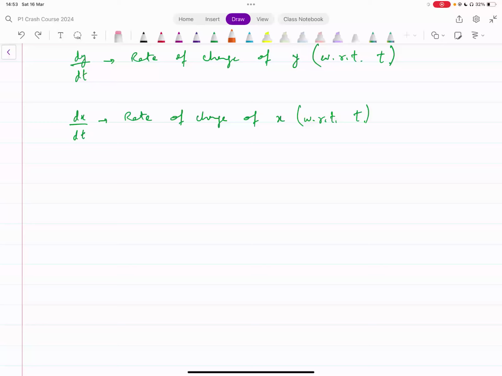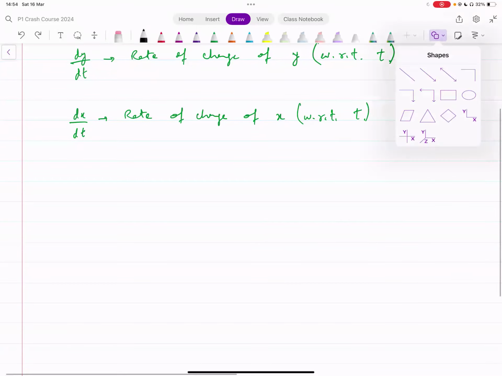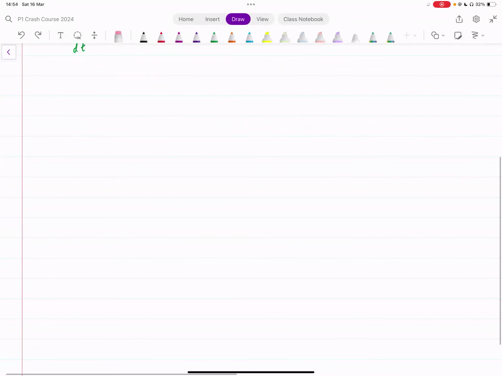Now, let's try to understand how we're going to actually use this rate of change. Let's try to understand that using an example. Let's say we have a container that looks like this. So I'm going to make a cylinder like shape here.